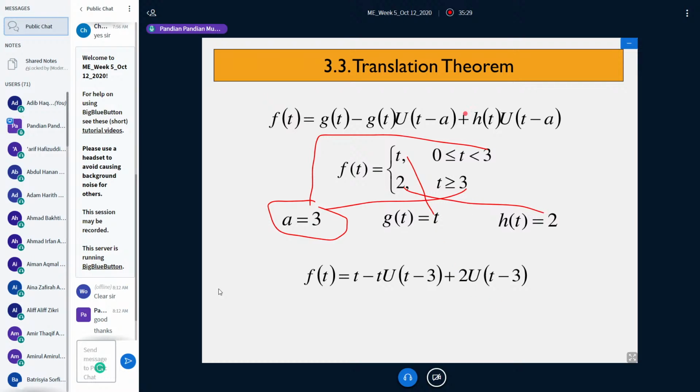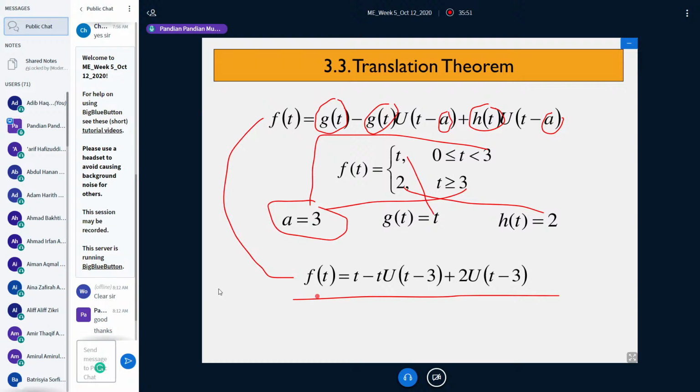So you match this one, h(t), and then this is g(t), this is a, a is 3. So now you construct your f(t) using this formula.